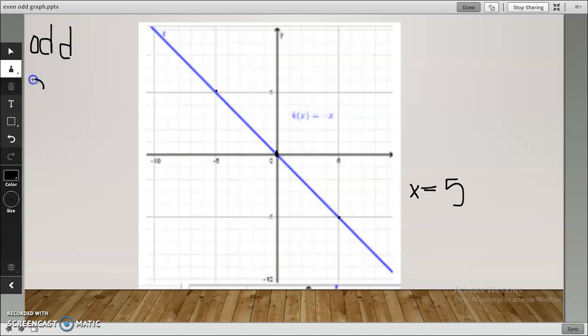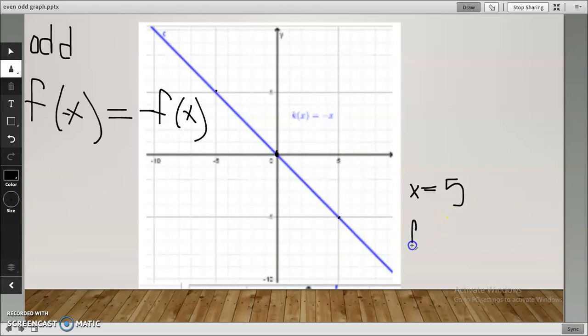And we know that the rule for odd is that if I plug in the negative of my x, I should get the negative or the opposite value of my y. So here I have positive x. When I plug that in, I get negative 5. So my f of x is negative 5.